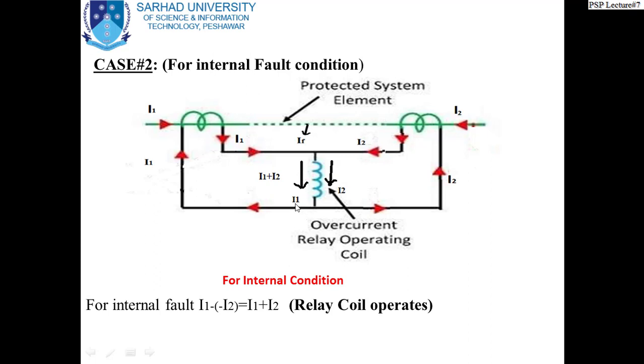I1 is flowing in the downward direction, I2 is flowing in the downward direction. So the current in the operating coil for internal fault is equal to I1 minus I2.